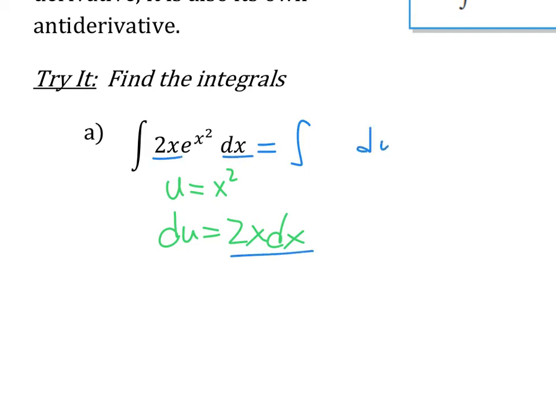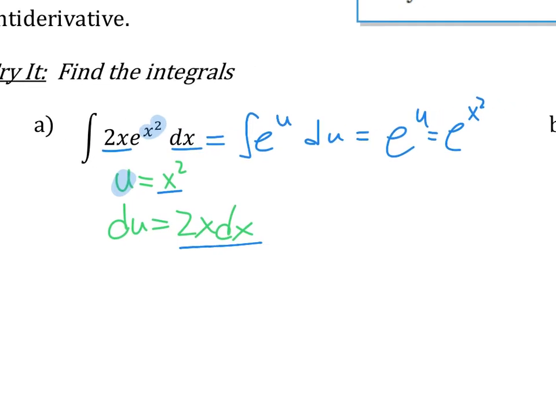That we swap that out for du. Okay, and since u is x squared, we're going to swap out this x squared for u. That's the same thing. So we have e to the u. All right, and so the integral of e to the u is e to the u, which is, in this case, e to the x squared. Don't forget your plus c.